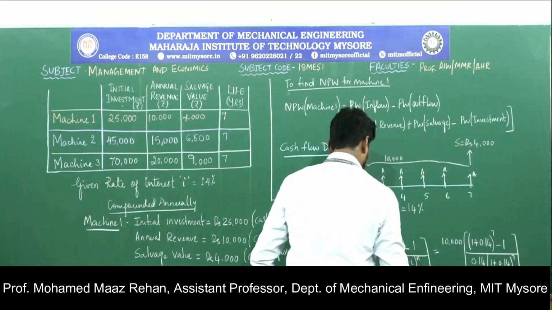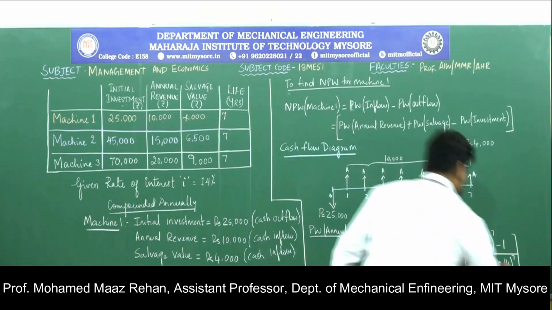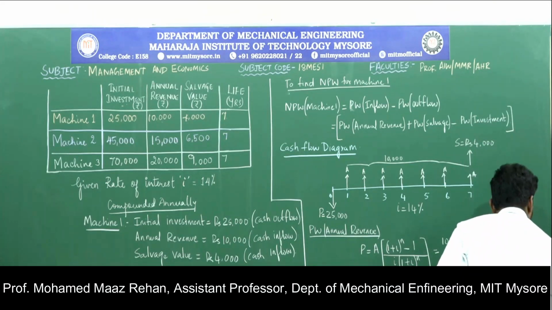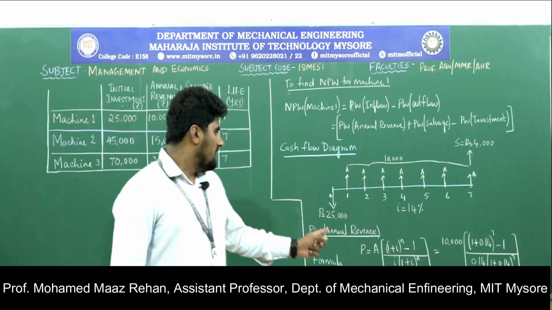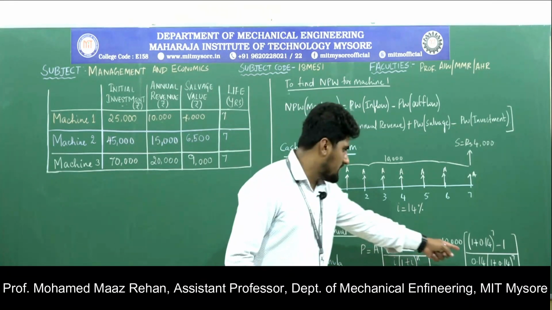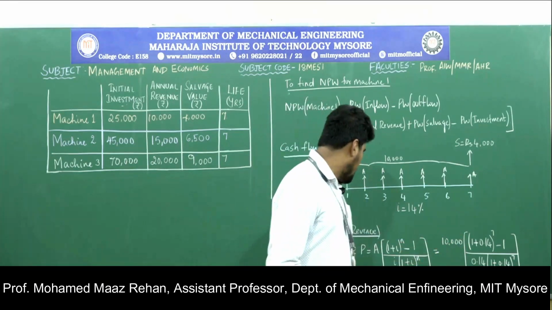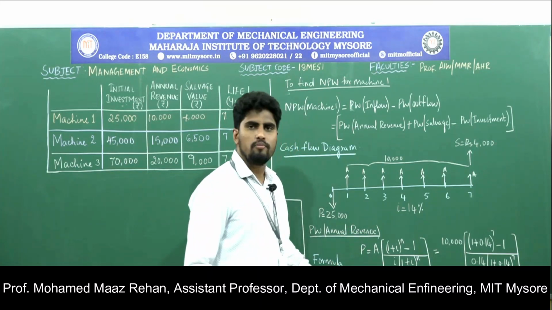This is the present worth of revenue. So the answer you will get is 42,883. It means we have calculated this annual revenue by using a formula method.